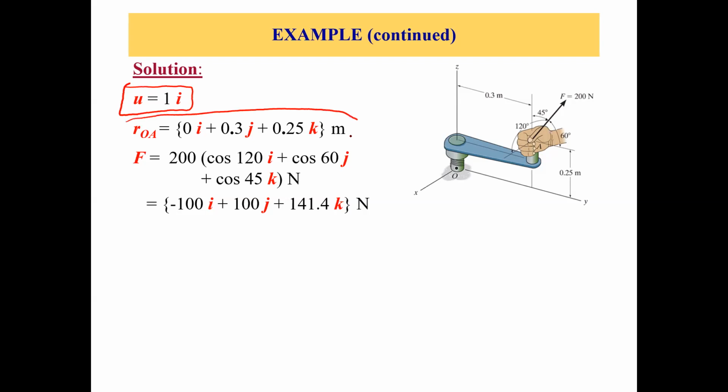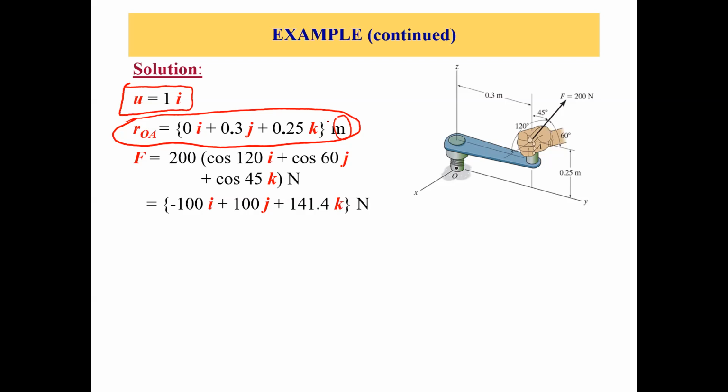So this is your position vector: A_x minus O_x, A_y minus O_y, and A_z minus O_z. So 0i plus 0.3j plus 0.25k, and of course the unit is meters, because everything is given in meters.